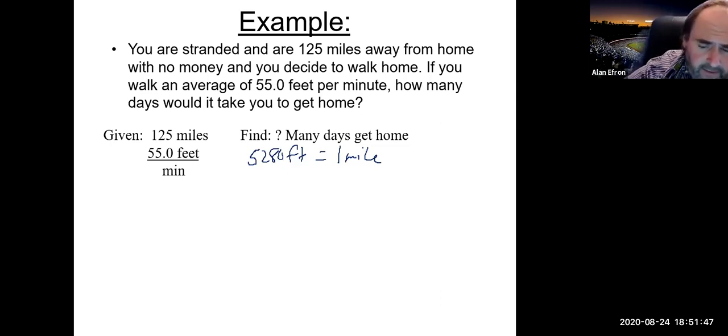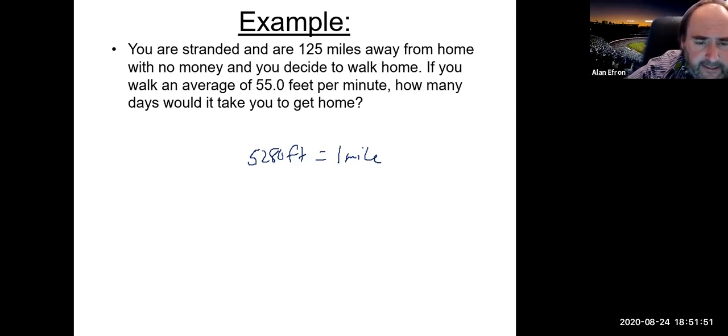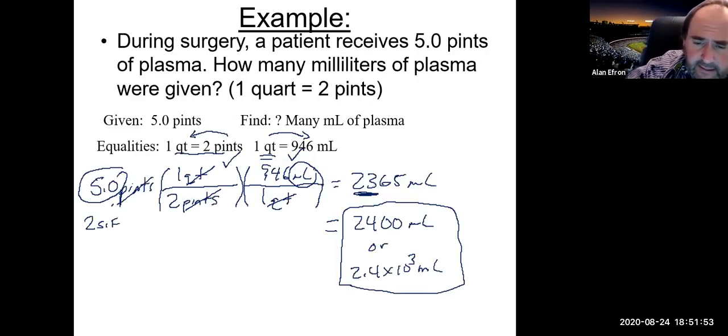Are you asking about the 2 for 2 pints? Are you asking in terms of sig figs? Yeah, so this is still an equality. This is an equality. We divided by 2.